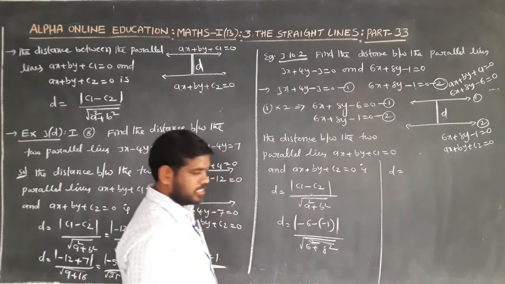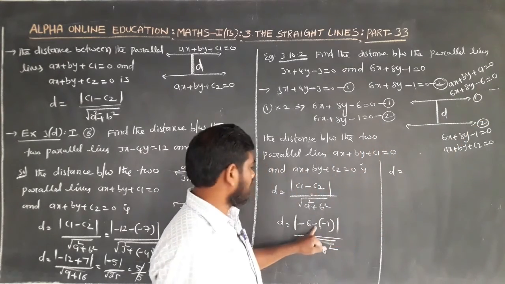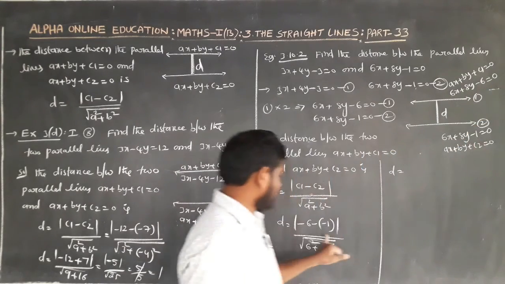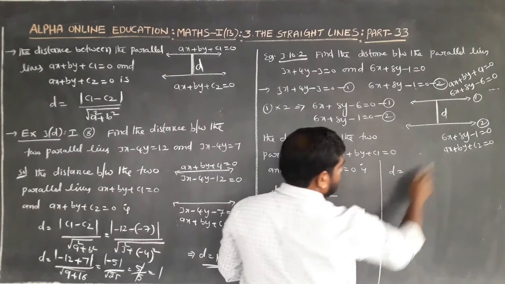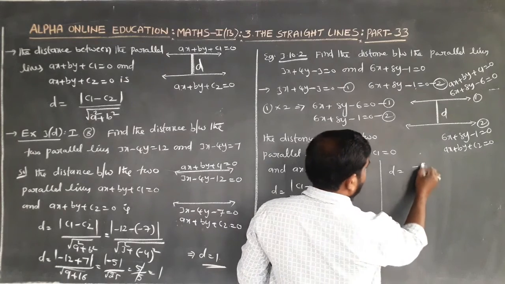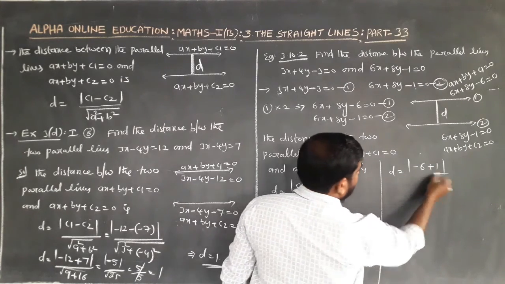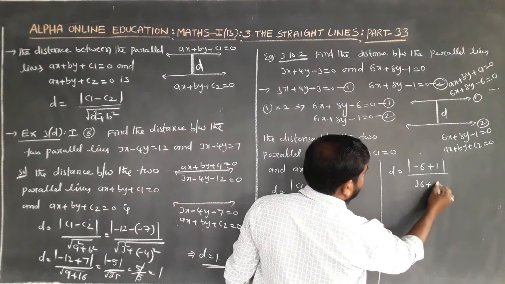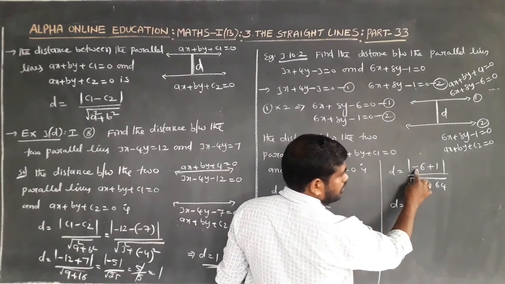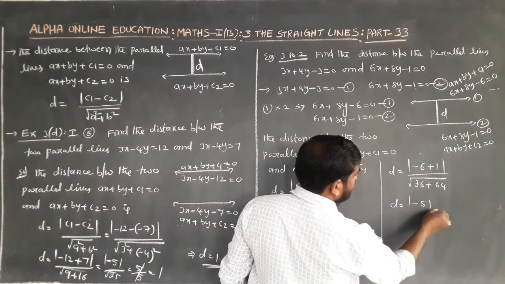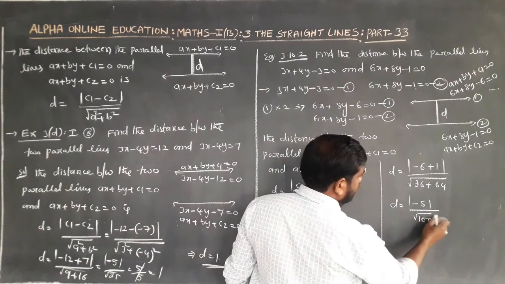Perpendicular distance is mod of minus 6 minus (minus 1), that is minus 6 plus 1, which is minus 5. 6 square means 36, 8 square means 64, 36 plus 64 is 100.